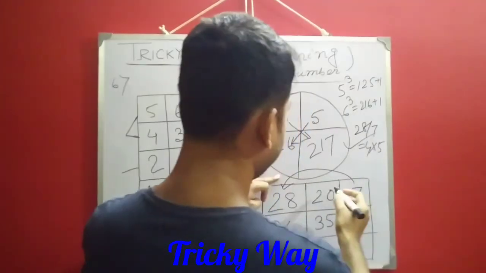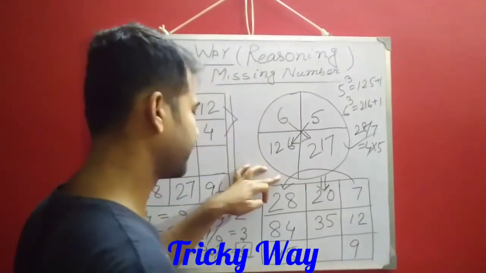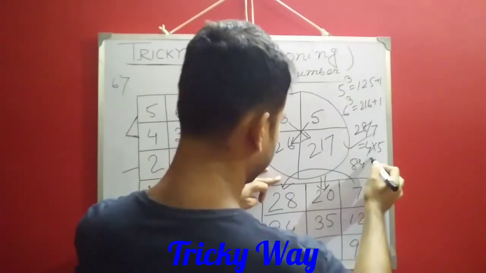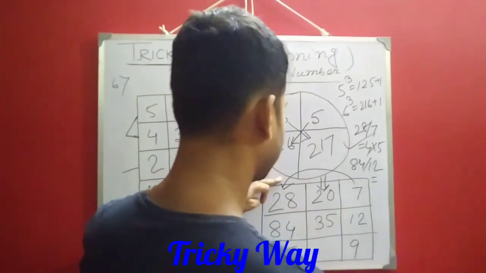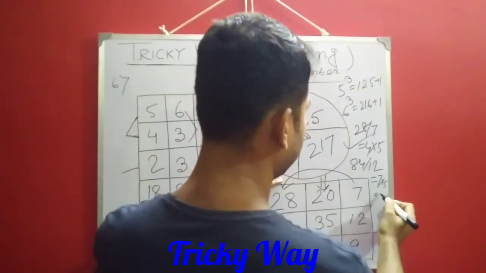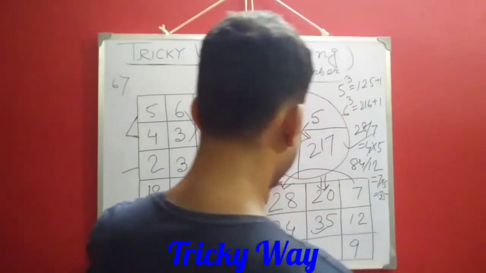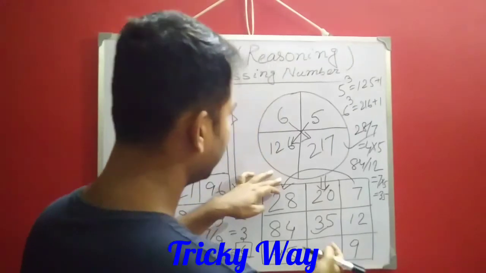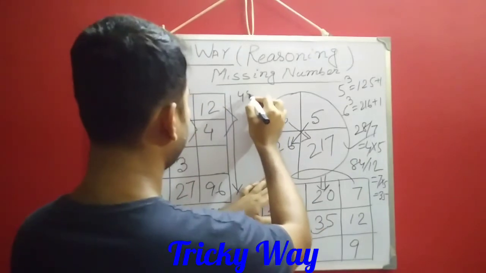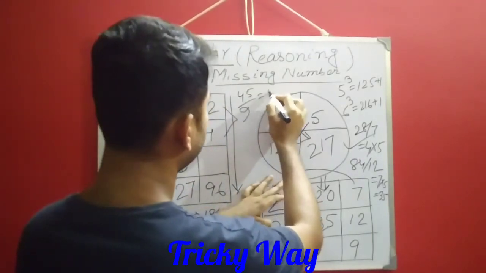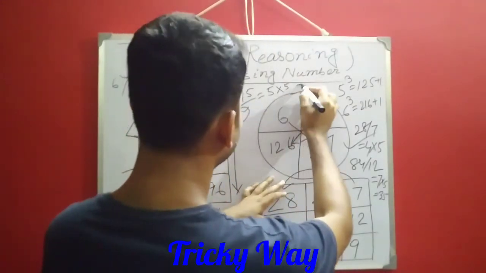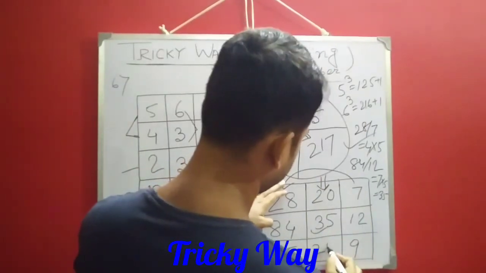So we get this value, and similarly 84 by 12 is 7, and 7 multiplied by 5 is 35. Similarly 45 divided by 9 is 5, and 5 into 5 will be 25.